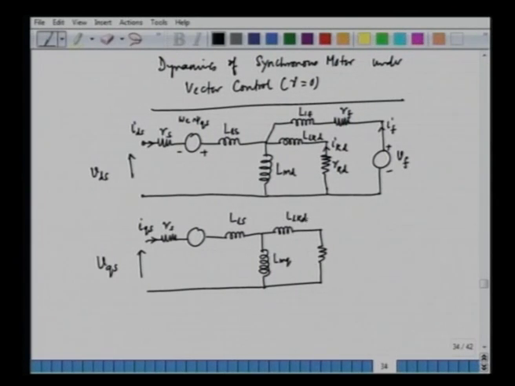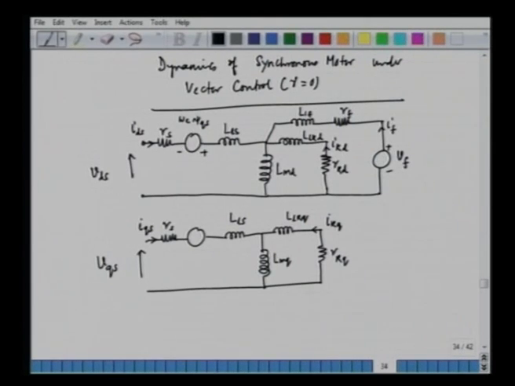LLKQ is the leakage inductance of the damper in the Q axis, this is the Q axis damper current IKQ, and this is RKQ, the resistance of the damper. All the parameters are referred to the primary side.